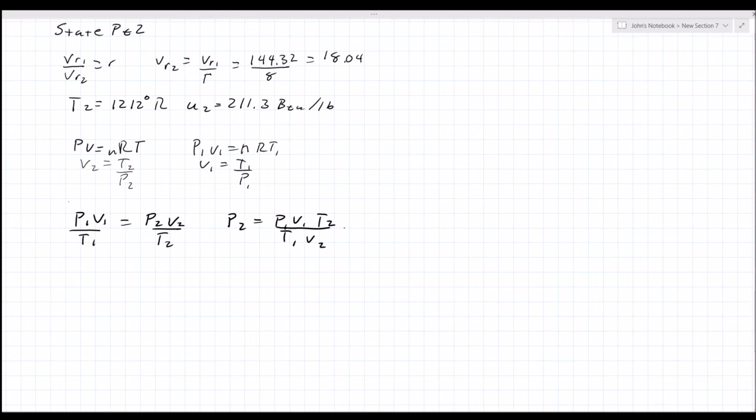So this becomes 1 atmosphere times the compression ratio 8 times T2 divided by T1, which is 1212 over 540 degrees Rankine, and you get 17.96 atmospheres. Therefore, now I know what P2 is, and I know what T2 is.